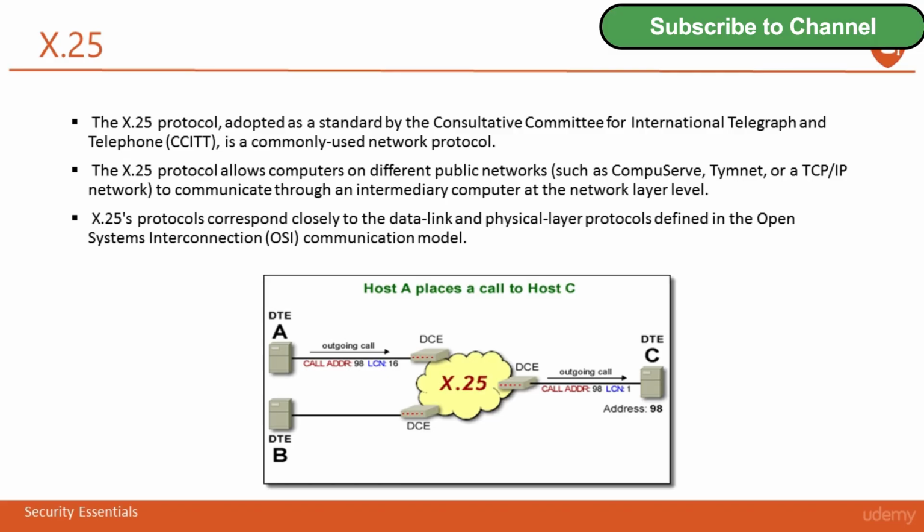We have multiple layers in the OSI model and in the TCP/IP model. To be exact, we have 7 layers in the OSI model and 4 layers in the TCP/IP model. Here we are talking about the OSI model, and specifically the data link layer and the physical layer. So the X.25 protocol corresponds closely to the data link layer and the physical layer protocols defined in the OSI communication model.